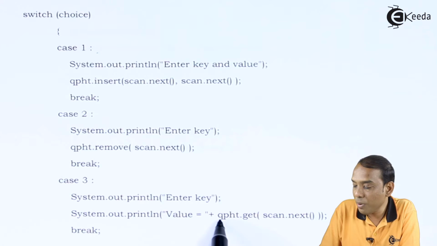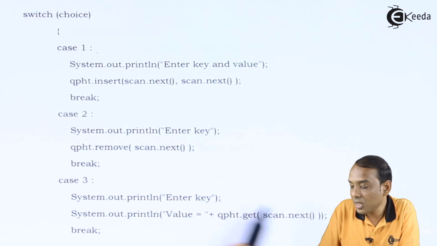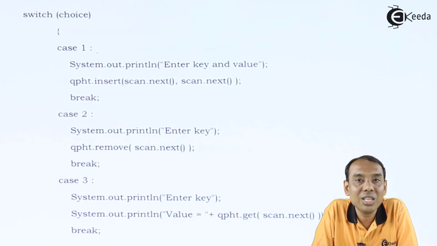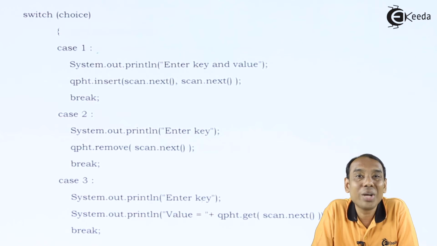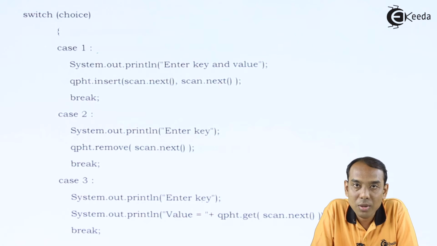We write down QPHT.get scan.next, that is your key. This key is transferred here and we call the function based on this object, and its corresponding value is fetched. If you are not able to get the key, its corresponding value won't be available to the user. You must remember, in case of hash table, we have the key value pair.